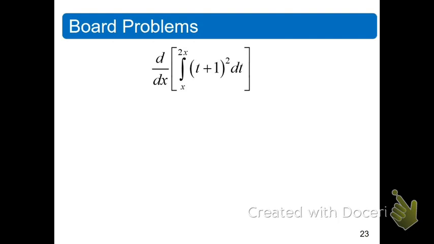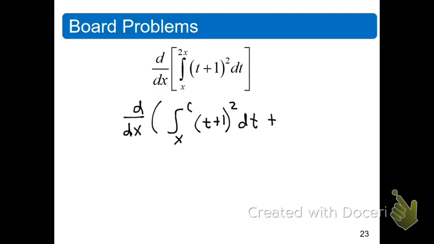So I'm going to put the derivative, d/dx, times the integral from x to some constant c that's between x and 2x, of (t plus 1) quantity squared dt, plus from c to 2x. Notice again, I said there's something between x and 2x. I'm calling it c. So from x to c of (t plus 1) quantity squared dt, and also c to 2x of (t plus 1) quantity squared dt.